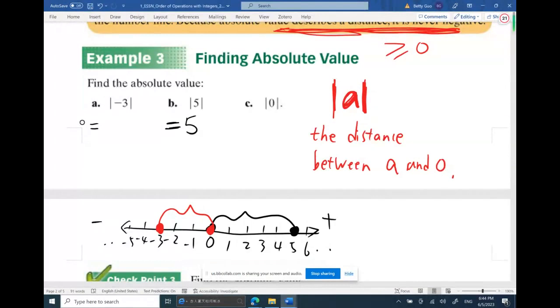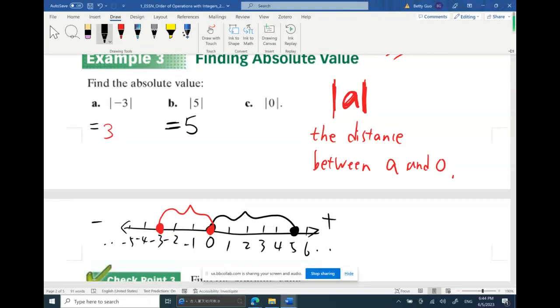What's the distance between -3 and 0? 3. Positive, right? So absolute value can never be negative. If we have a negative number, the absolute value of the negative number will still be positive because of distance, right?